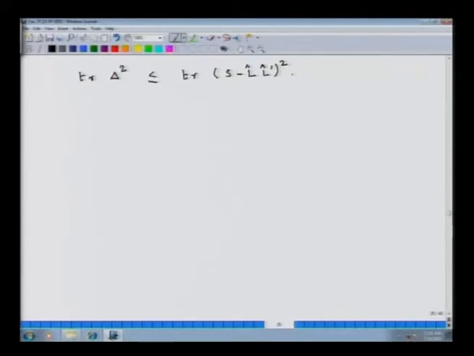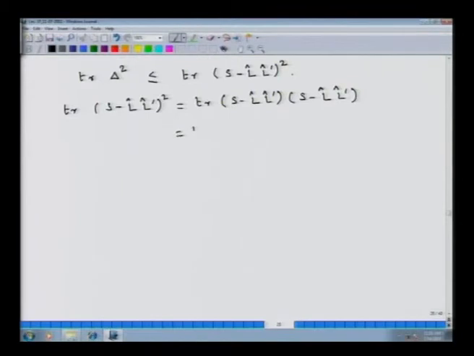Now, what is this equal to? Let us look at the trace of the (S minus L hat) transpose square matrix. This is the trace of, I will just write the two matrices, (S minus L hat) transpose into (S minus L hat).